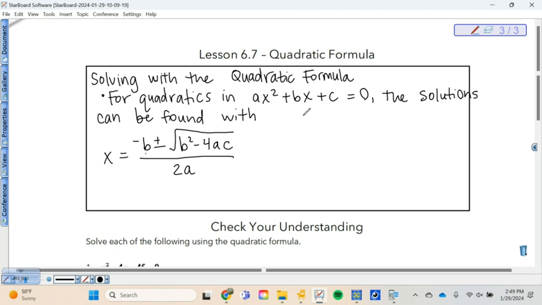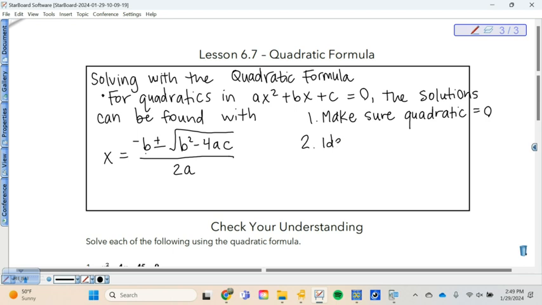Okay, you've got a couple steps to follow. So first of all, make sure that the quadratic equals 0, because it wouldn't work if it was equal to 36 or something. You'd have to make it equal to 0. So make sure the quadratic equals 0.